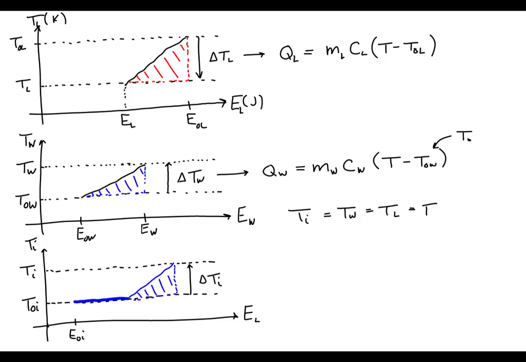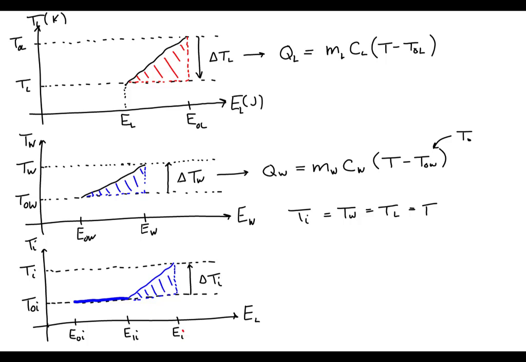And notice that initially we have a phase change that is going to consume some energy. When the phase change is done, I'll call that state of energy E1I, for the state 1 of the ice. And it'll arrive at a final state of energy, which I'll just call E sub I.